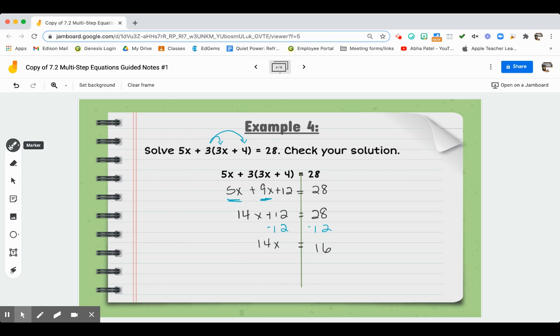Divide by 14. x is equal to 16 over 14, which can be simplified by dividing by 2 to 8 over 7. And you can give that as a decimal or a fraction if that does happen.